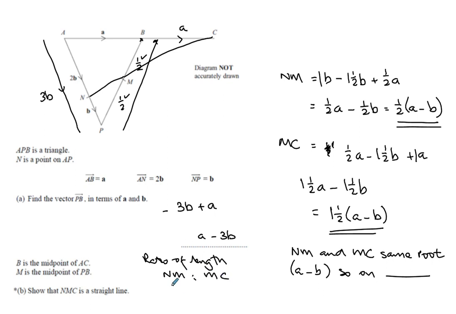So then you'd write a half to 1.5, and of course then just double it. So then you've got 1 to 3. So then you know MC is 3 times the length of NM. So whatever they ask you, you're all set.